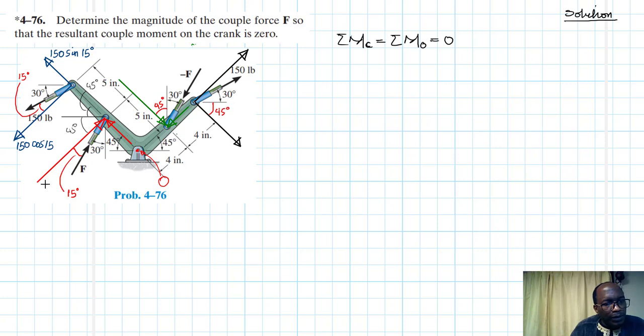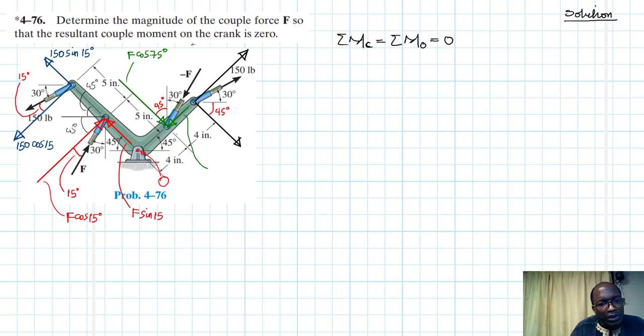Then this one is F. This is F cos 15, and then this one is F sine 15. All right, and then this one is F cos 75.